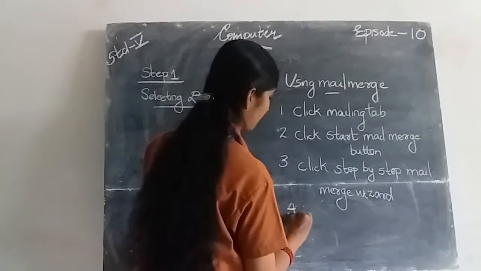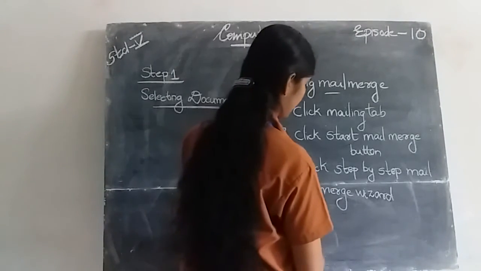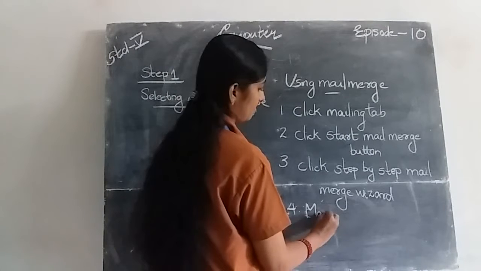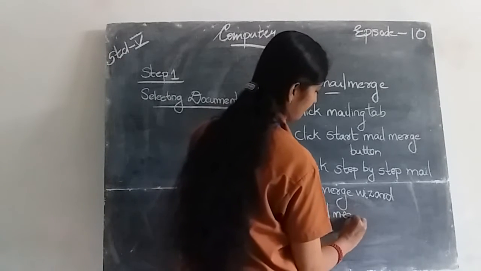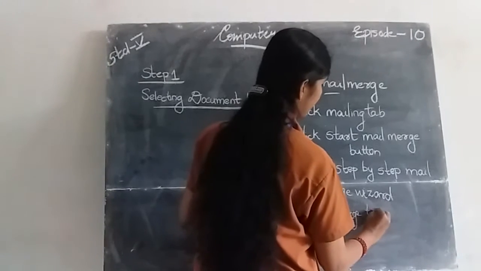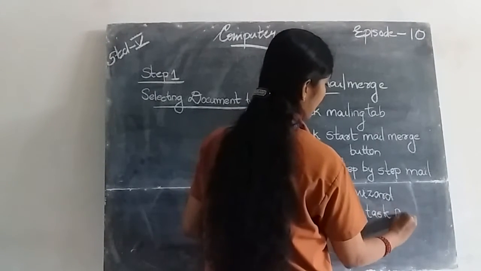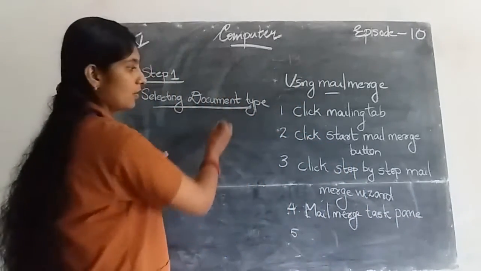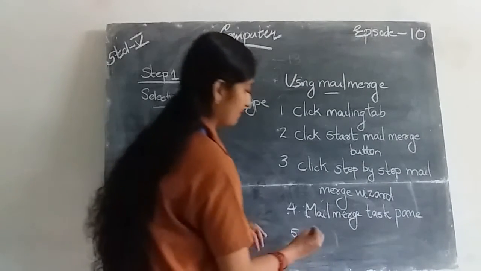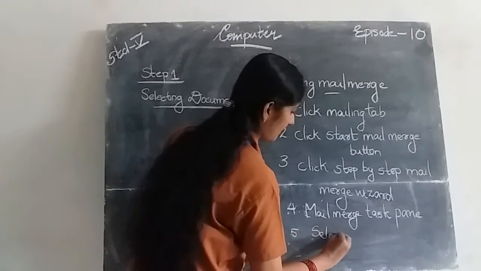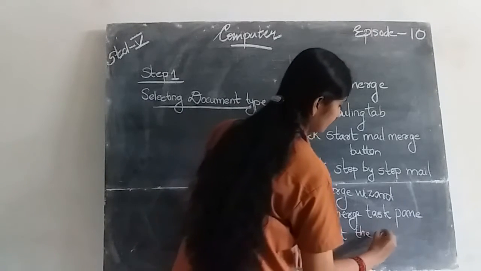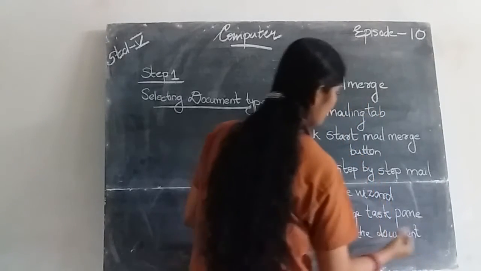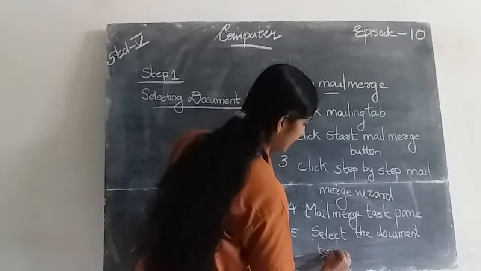So the fourth step: in the mail merge task pane, select the document type letters.